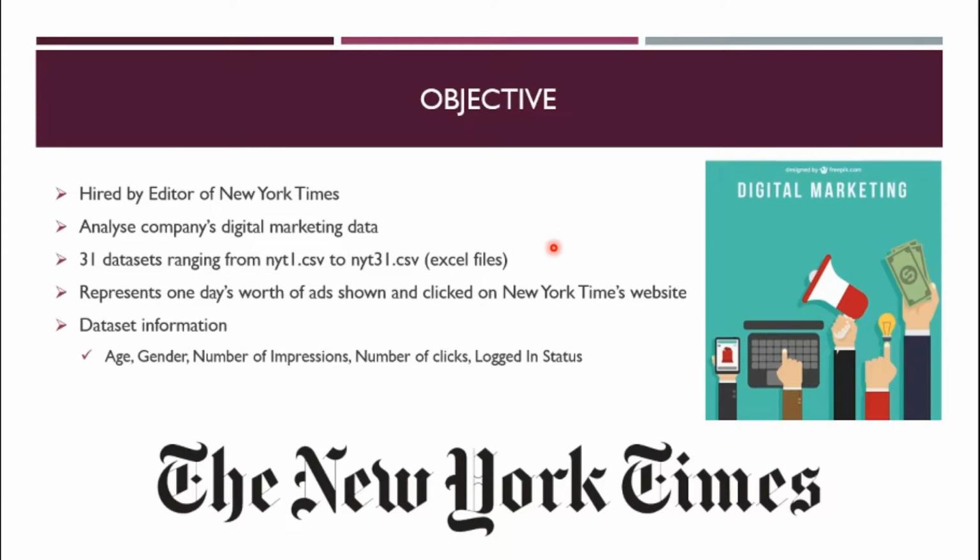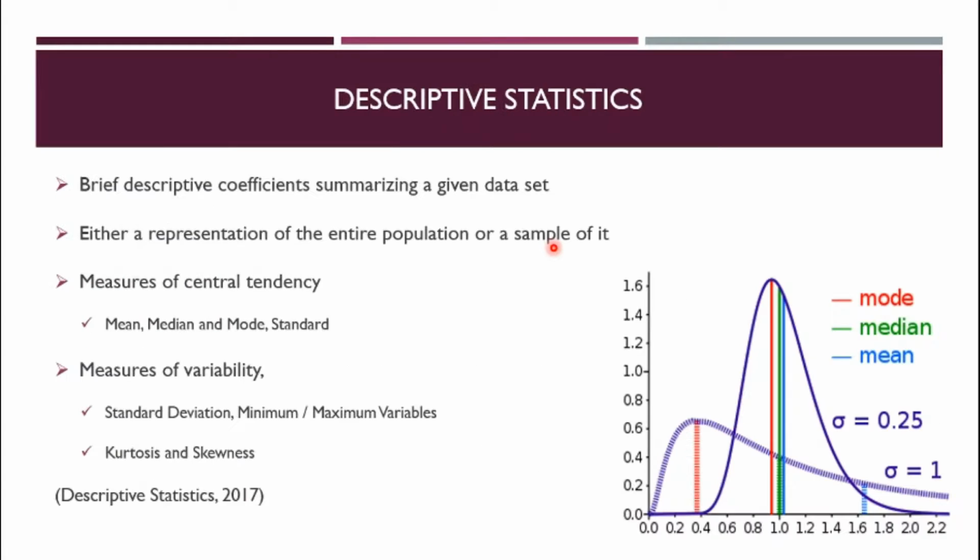The method that we used for analysis was descriptive, because we are describing, not predicting anything. We are just looking at what happened. Descriptive analysis focuses on the past, so we use it to understand what actually happened.